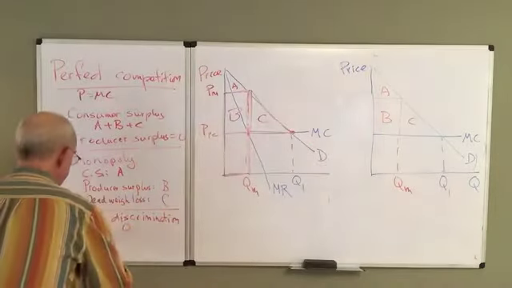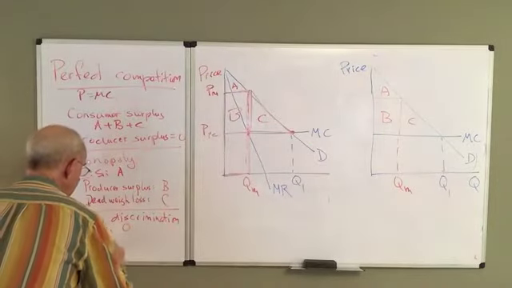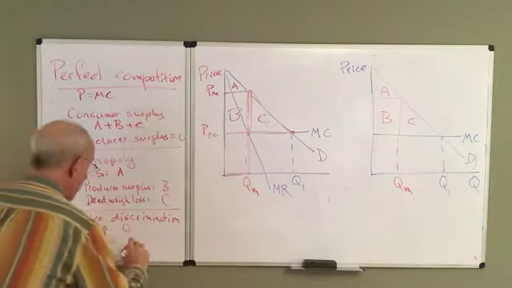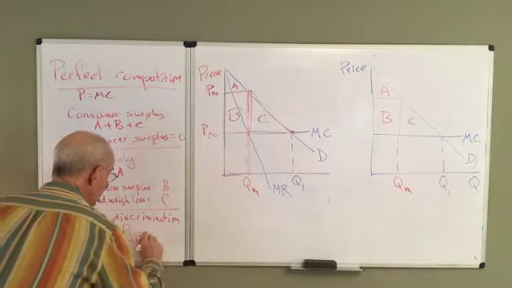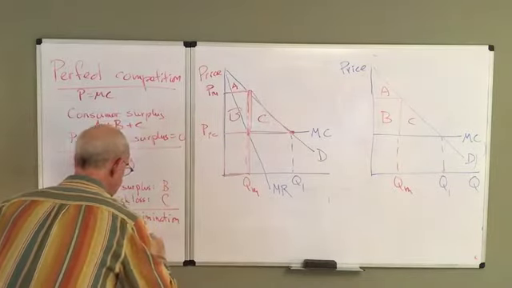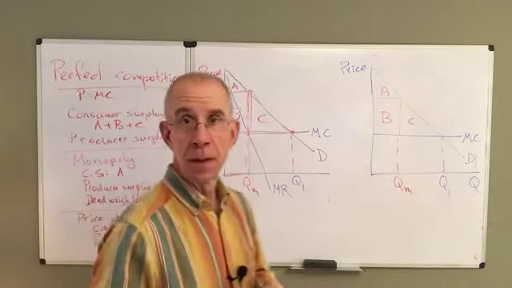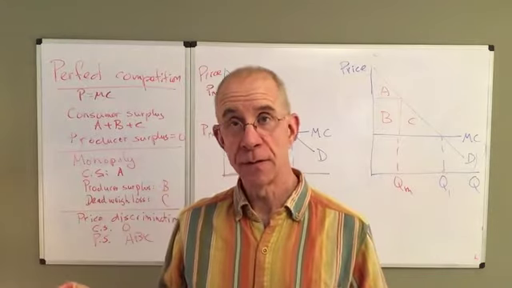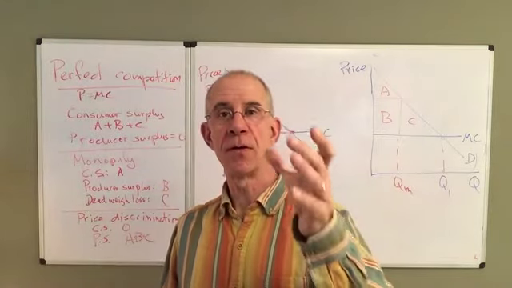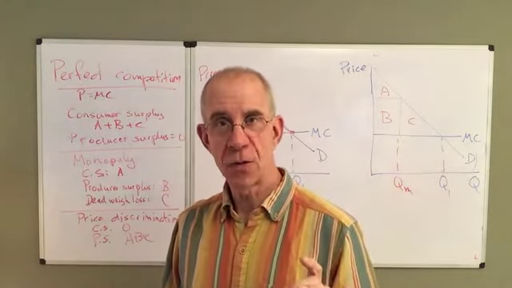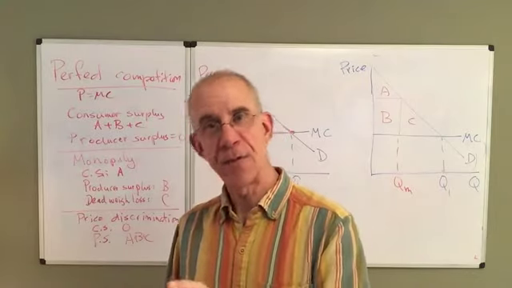The producer surplus, A plus B plus C. Given a choice, firms would rather price discriminate than have a monopoly.